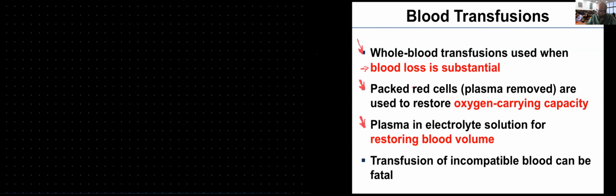So if you kept getting blood transfusions, you are getting red blood cells. And the more red blood cells you're going to be getting from outside, the more iron that you're going to keep in your body because the iron is going to be recycled over and over and you're not getting rid of it. So in order for me to not have iron overload, I will consider only giving this patient plasma instead of a whole blood transfusion.